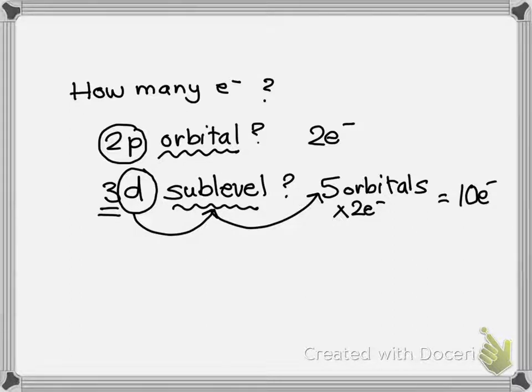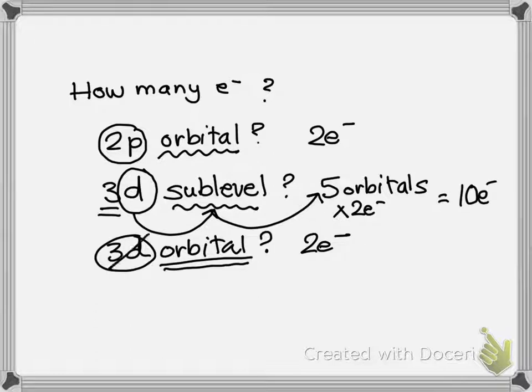Now I'm looking at one of the problems in your book. And then it says 3D orbital. Okay, they're trying to trick you now. Remember, if it's just one orbital, how many electrons? Just 2. The rest doesn't matter because it's an orbital. Well, what if it said a 4p sublevel? Sublevels are all the orbitals in that section.